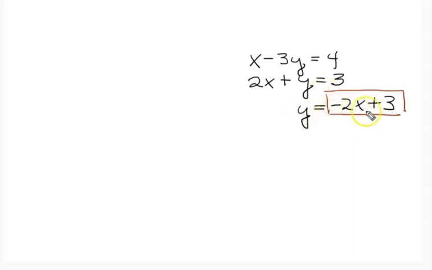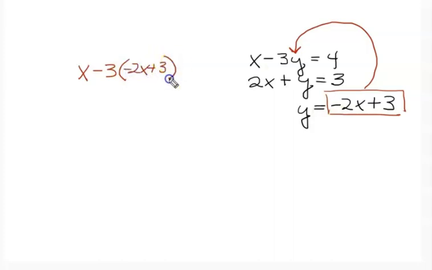I'm going to take this value for y and substitute it in the other equation. So now it looks like this. X minus 3, there's what I've written so far. Now I'm going to put my value for y in there. Negative 2x plus 3. And then this equals 4.